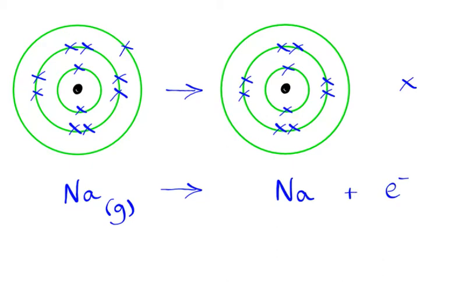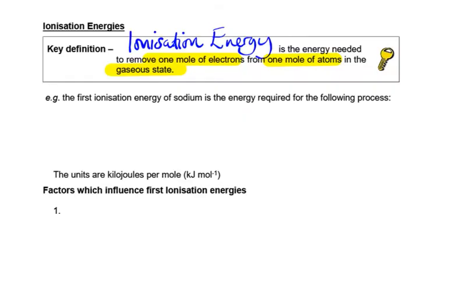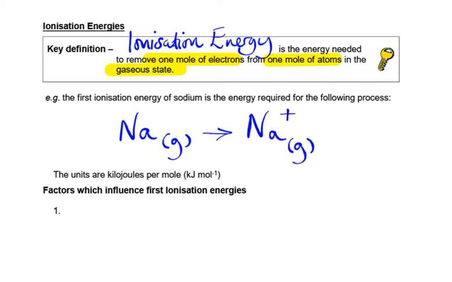The sodium has lost its electron, so it now needs to be positively charged, so we can see it's balanced in terms of charge, and those sodium ions are gaseous as well. So back to the notes page, the first ionisation energy of sodium, positive charge, and there's the electron.